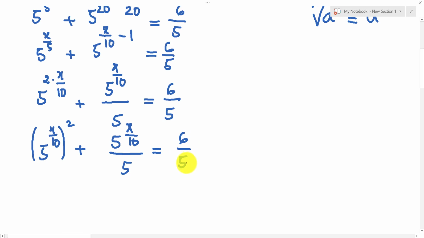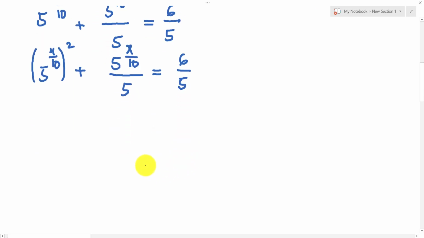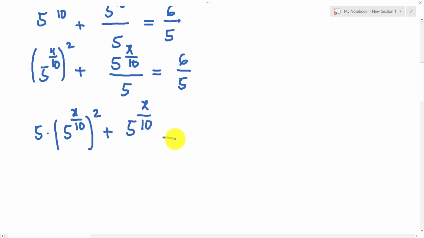And then I multiply both sides of this equation by 5. So we get 5 times 5 power x over 10, all squared, plus 5 power x over 10 equal 6.